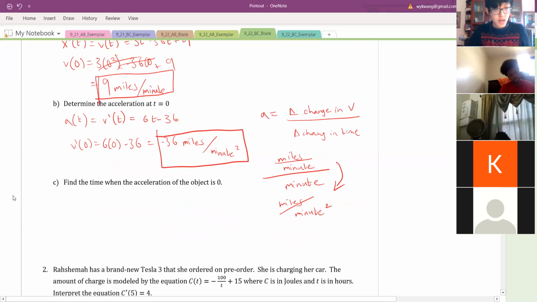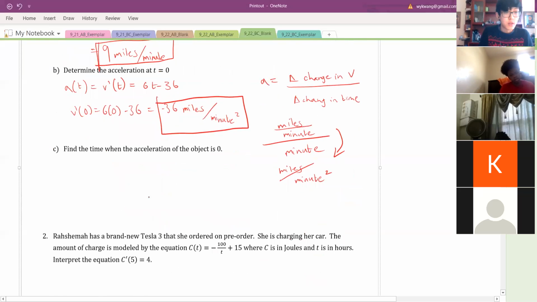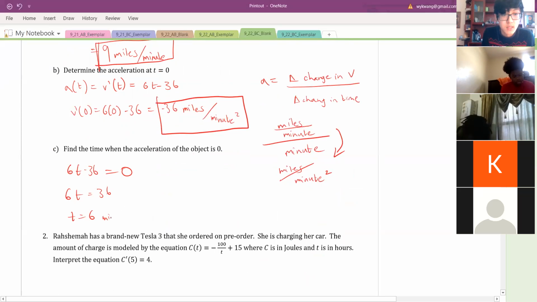So yeah, I'm going to do part C really quick because I think everyone should get this. We take the acceleration equation we just did, 6t minus 36, and set that equal to 0. So 6t is equal to 36, t is equal to 6. So at t equals 6 minutes, acceleration is 0.